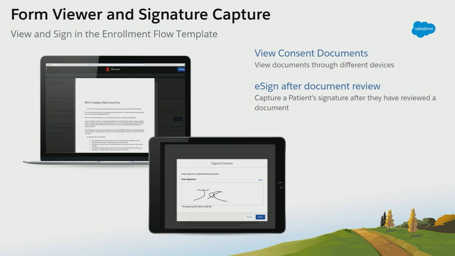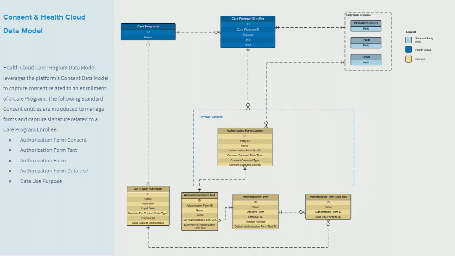You'll see this in action when I run through the demo, but before I do that, let me just take a minute here to talk about our consent entities. This is the consent data model. This is not a Health Cloud feature. This is the platform consent entities that was introduced in the summer of this year.